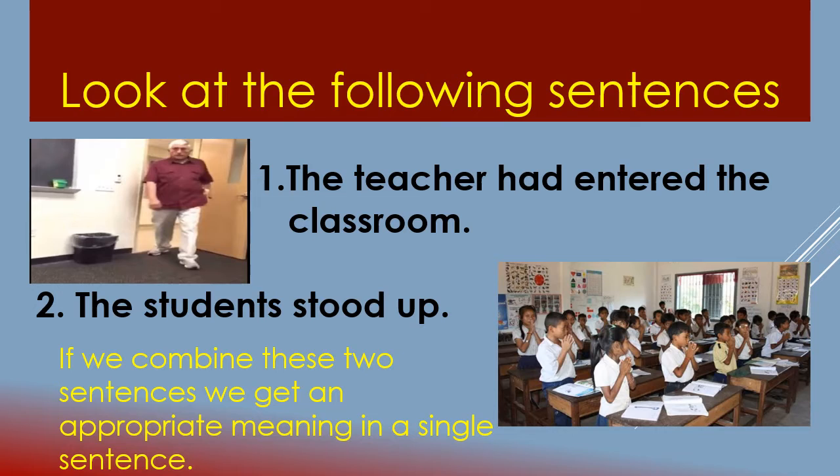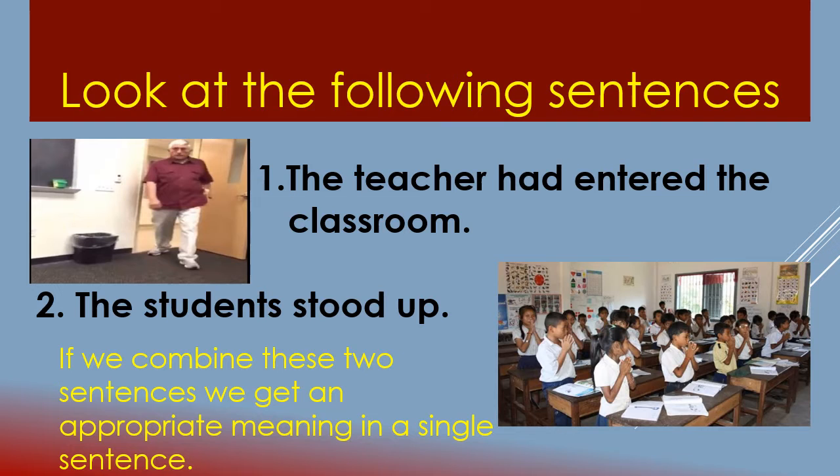If we combine these two sentences, we get an appropriate meaning in a single sentence. So, there is a connection and there is a relationship between these two sentences. When such a situation is there, we combine those two sentences. How can we combine them?